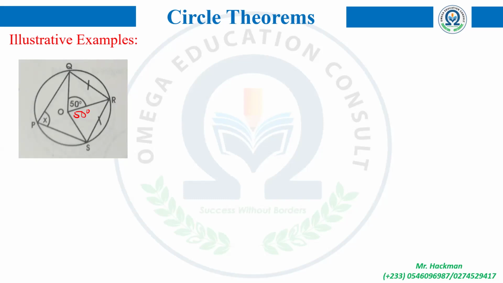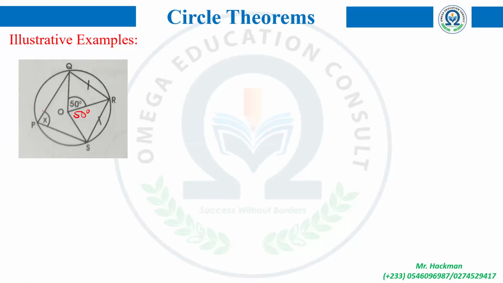Blaise, unmute then. Take the stage. Half of 100 degrees. X will be equal to what? Half of what? 100 degrees. Very good. So in this case, you can see an angle at the circumference, which is the angle P here.